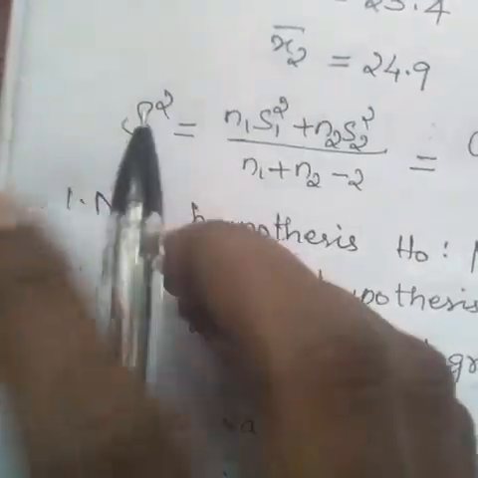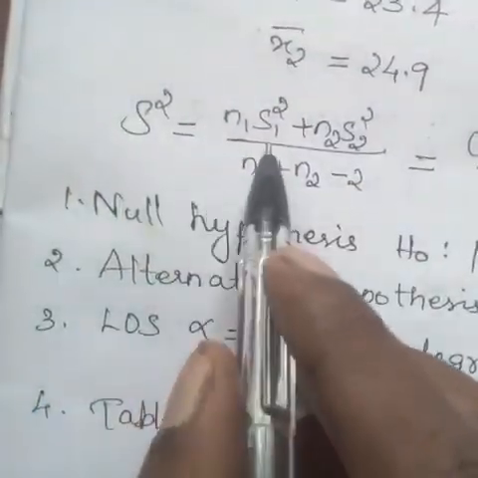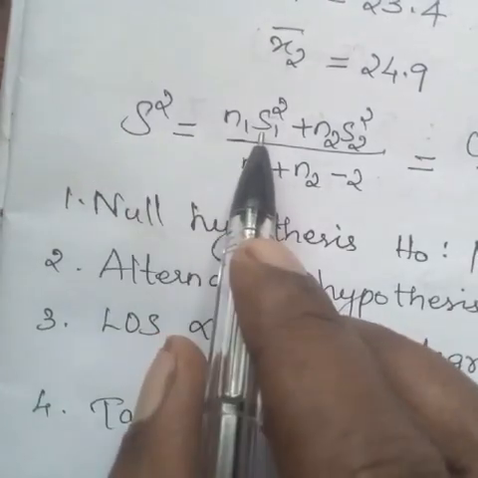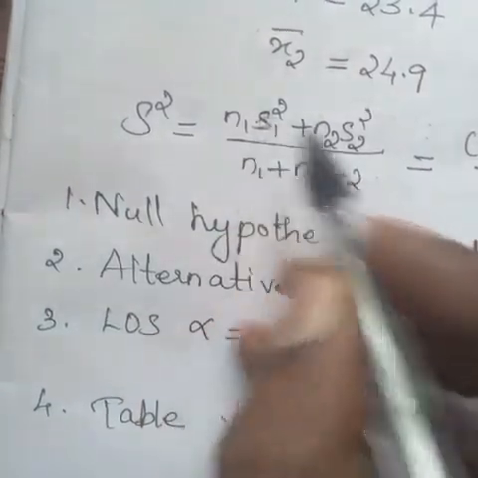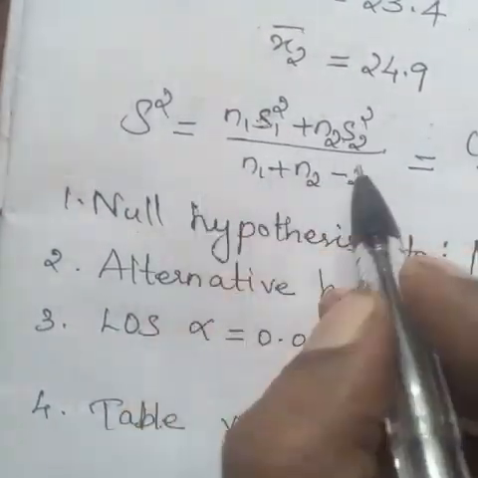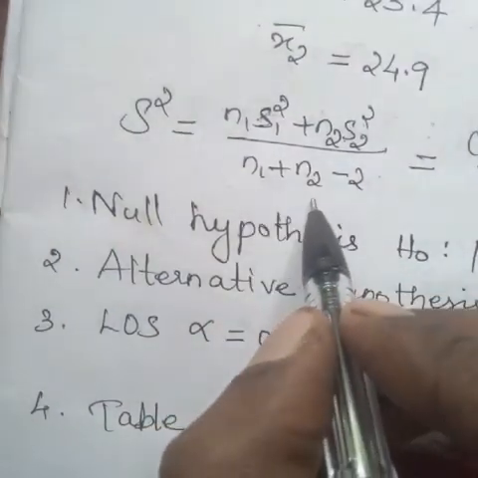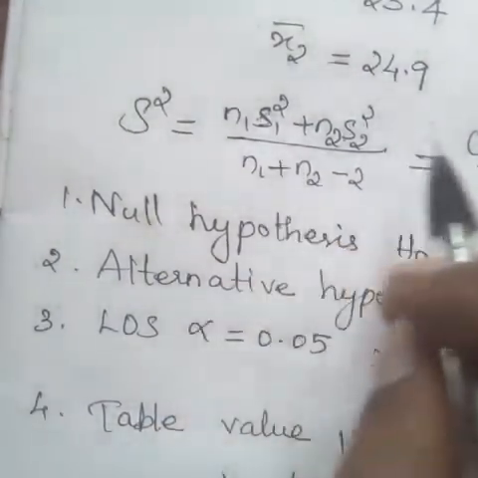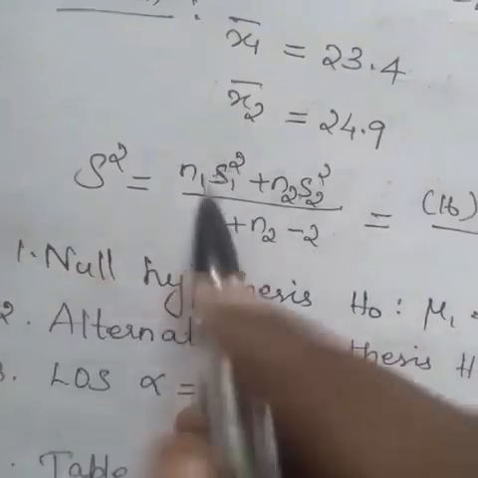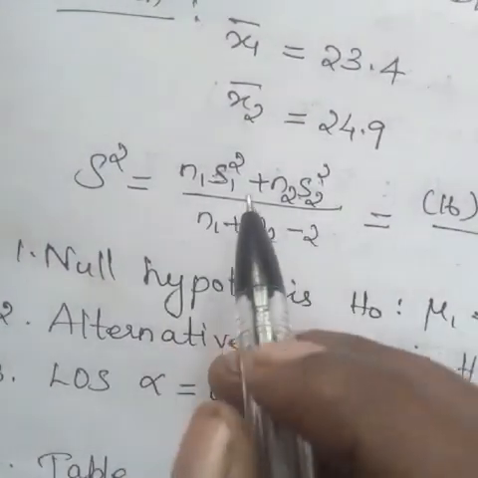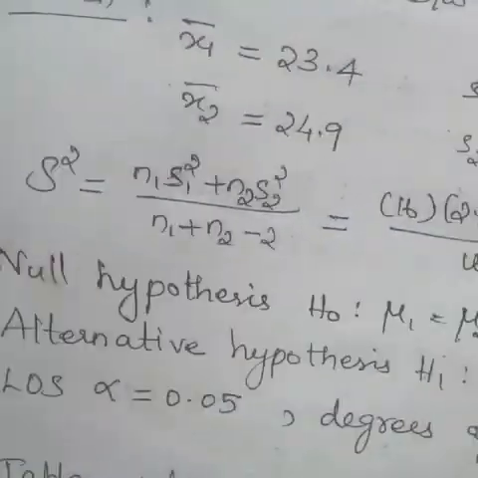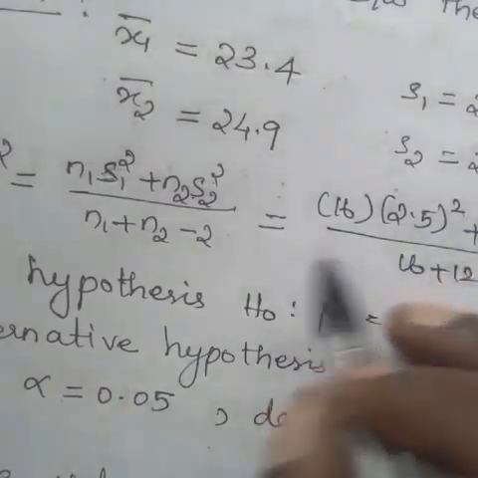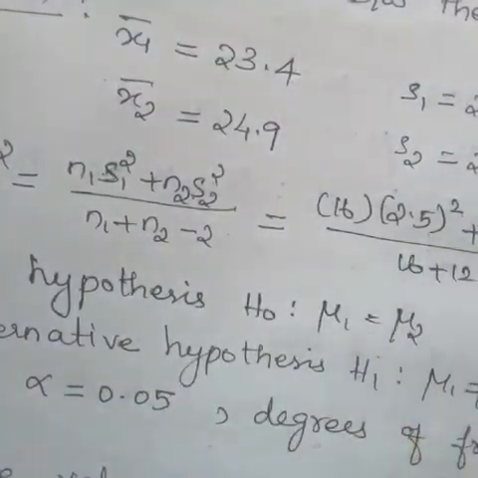So the formula is s square is equal to n1 s1 square plus n2 s2 square, the whole divided by n1 plus n2 minus 2. So we have all the data n1, n2, s1, s2. So directly substitute and simplify, we get the value of s square.